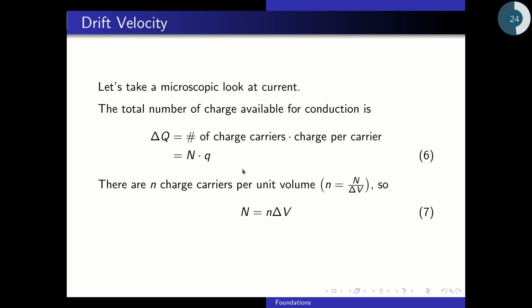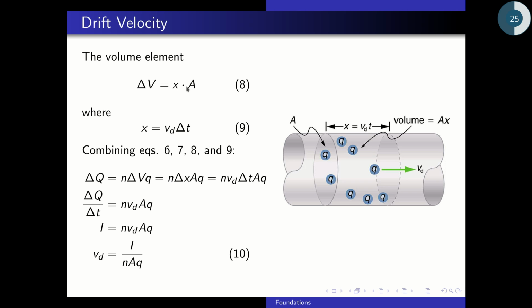The total charge available that's going to be moving through that volume is equal to the total number of charge carriers multiplied by the charge on each carrier. We substitute delta V in for the number of carriers, we substitute x times A in for delta V, and we substitute the drift velocity times delta t in for x. When I put equations 6, 7, 8, and 9 together, I'm going to get delta Q is equal to n delta V times q.